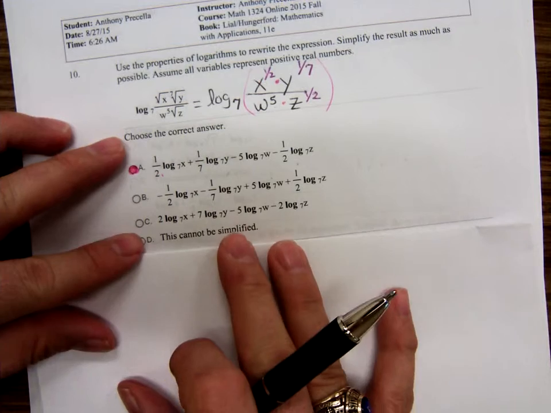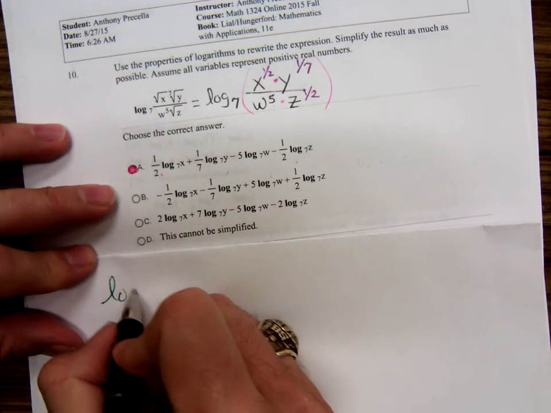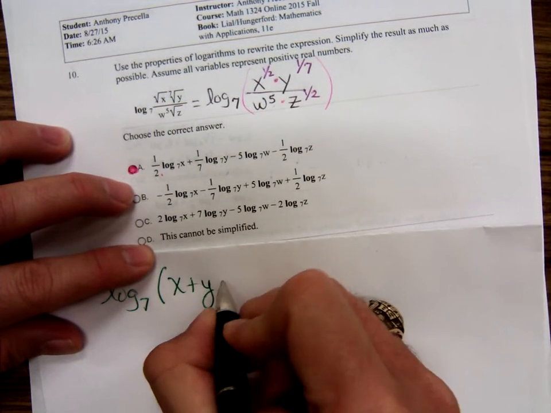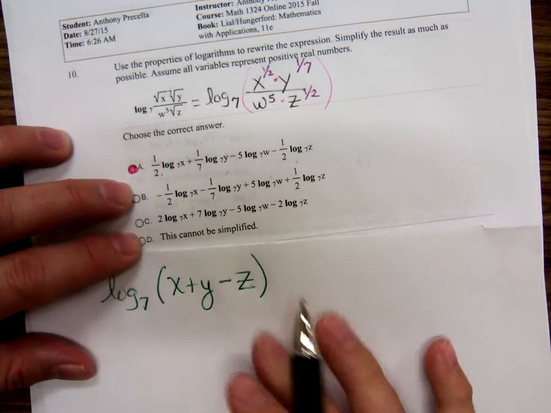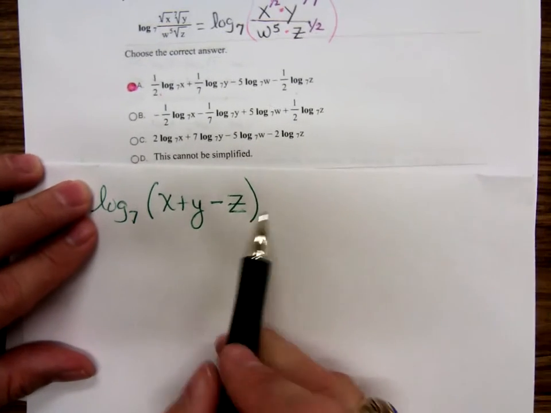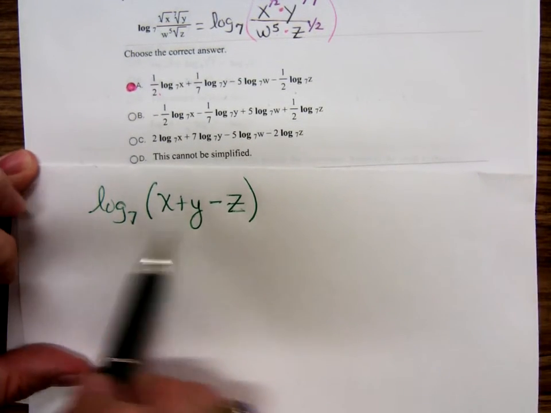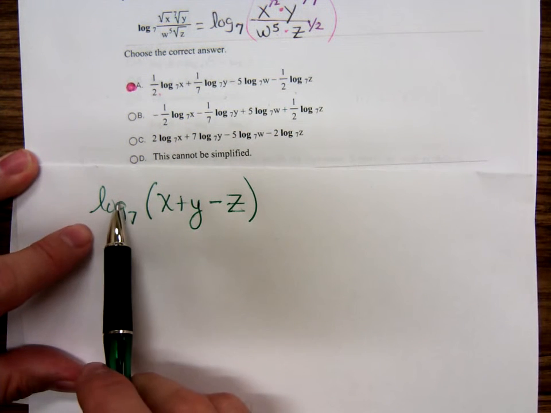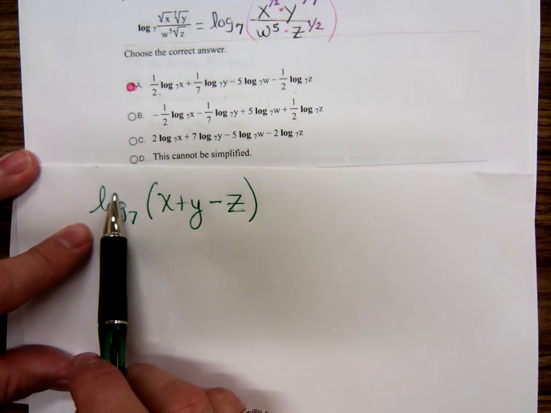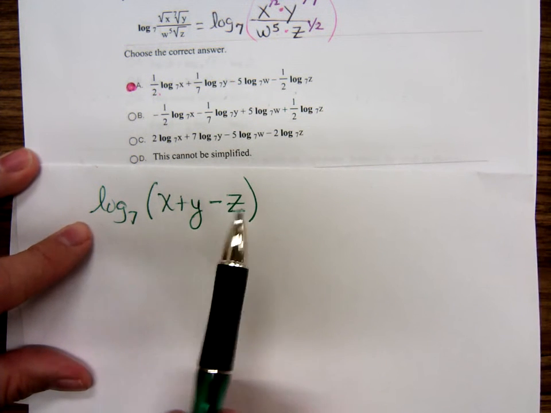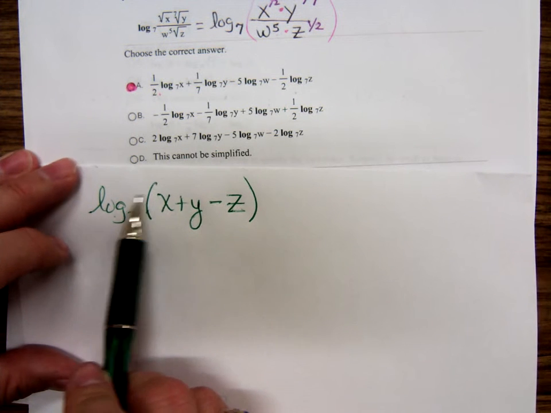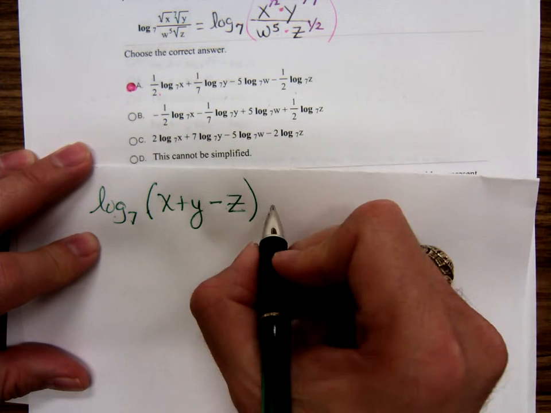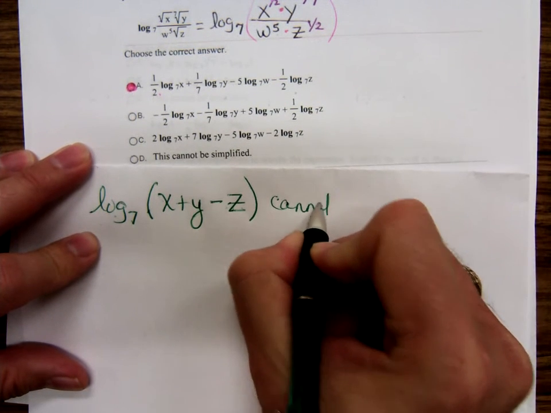If we had log base 7 of x plus y minus z, this one can't be separated. It can't be simplified. The natural wrong thing that students do is they sort of distribute the log base 7 as if it were a number. But no, this isn't log times. You can't distribute this. This one right here cannot be simplified. You can't expand it.